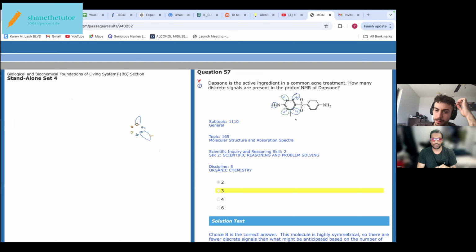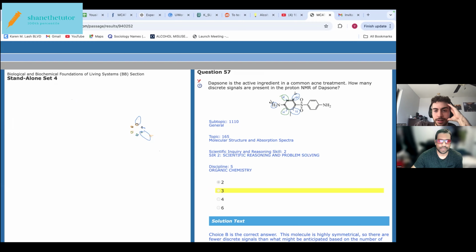And now lastly, we have these hydrogens, the ones in the amine, and those have no neighboring hydrogens. Oh, okay. So these two are equivalent, that's one. These two are equivalent, and this one by itself has no equivalent, but it still counts as a discrete signal.